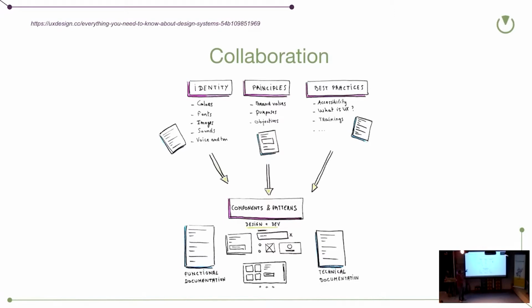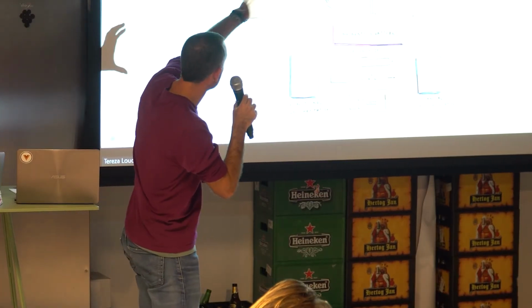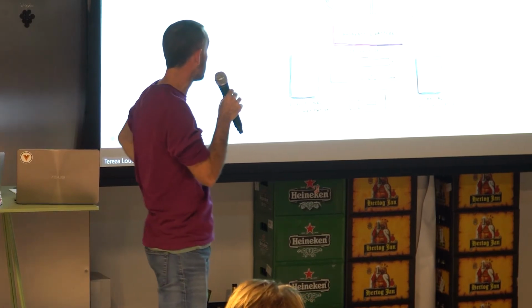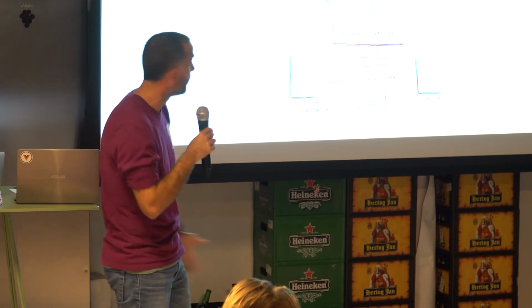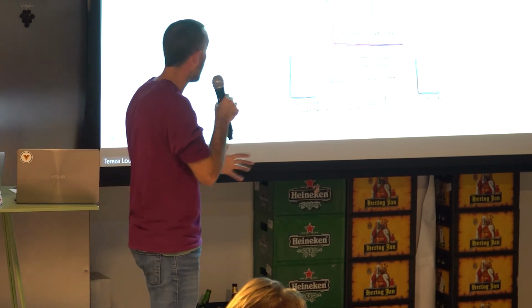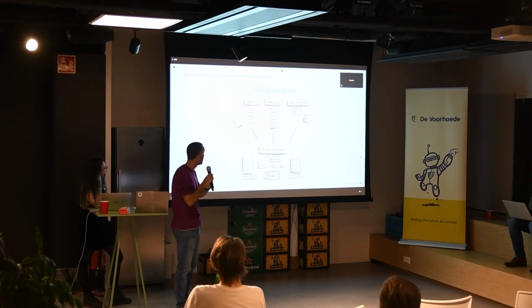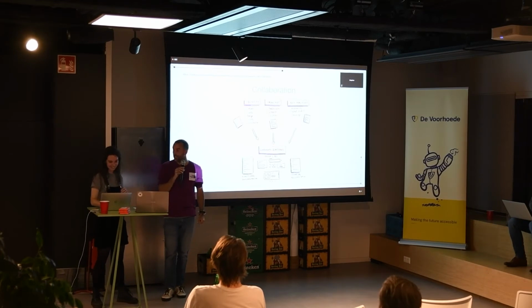An example of non-tangible is, for instance, the beliefs, the vision, the objectives, which you can see on the upper part of the image, and the tangible components like designers, developers, documentation, all that you can see on the bottom part. How we solve this, the tooling that we use, we're going to be talking about in the next slides, and Teresa is going to be talking about design tooling.